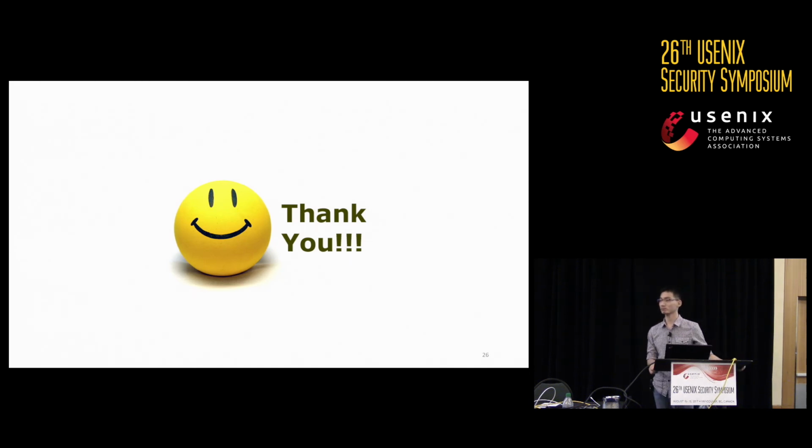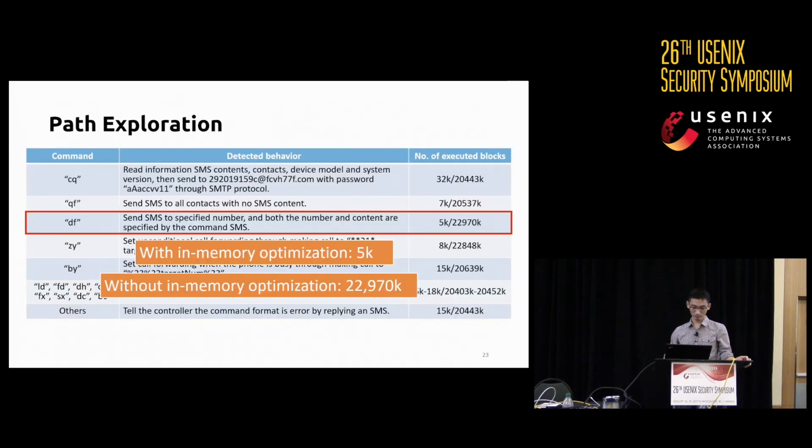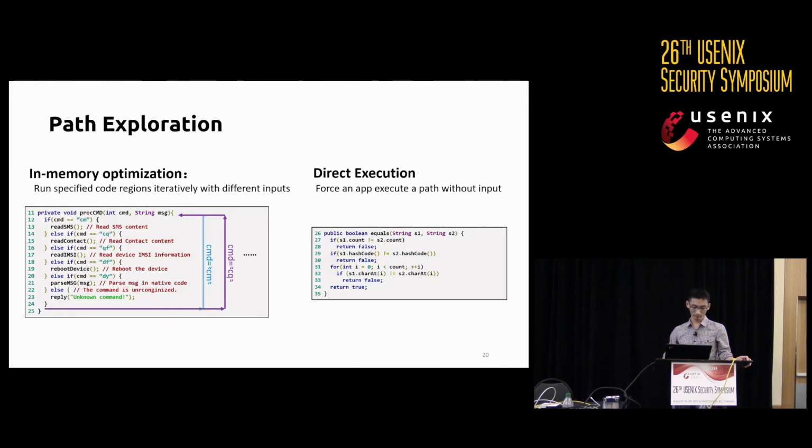Nice talk. I have two questions on the path exploration slides. Can you go back to that slide? My first question is how often you need to use the direct execution?